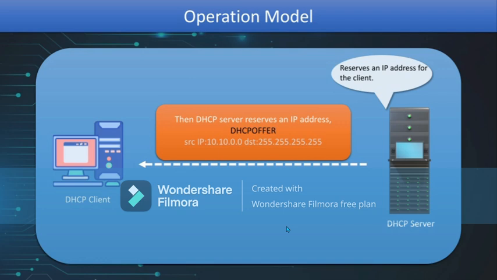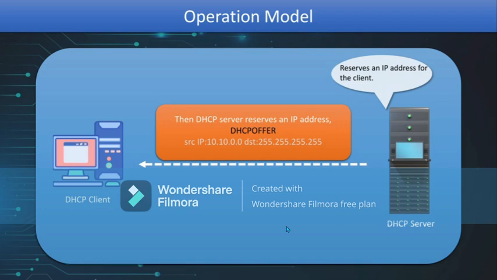Next is the DHCP offer. In the offer, the DHCP server reserves whatever IP address is available on the server side and provides it to the client, like a 10.10.x.x IP, and the destination IP is again 255.255.255.255.